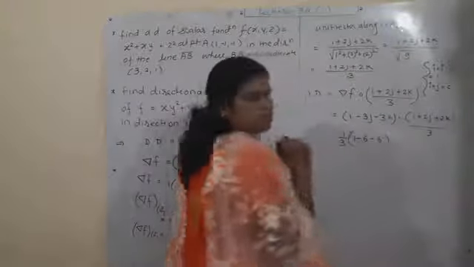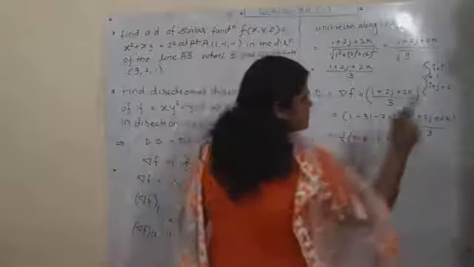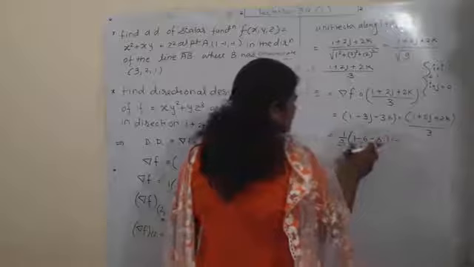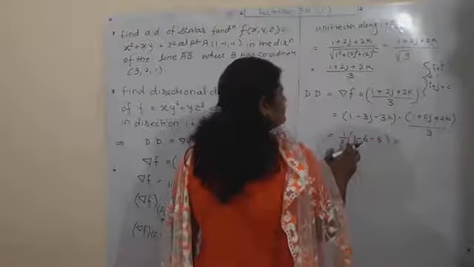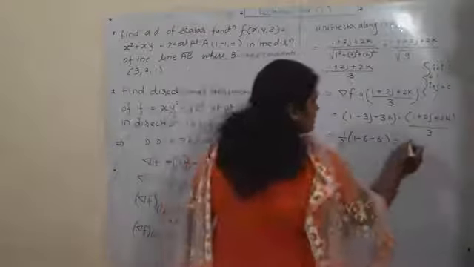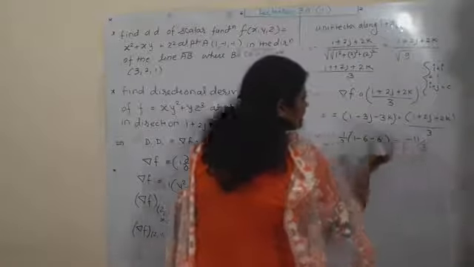Minus 3 into 2 is minus 6, as k dot k is 1. So finally what we get is 1 minus 6 minus 6, that is 1 minus 12, which becomes minus 11 divided by 3.